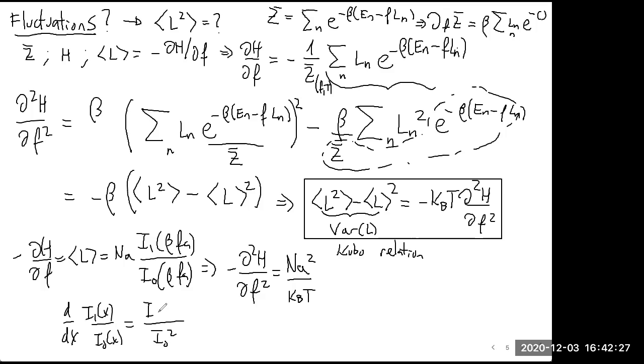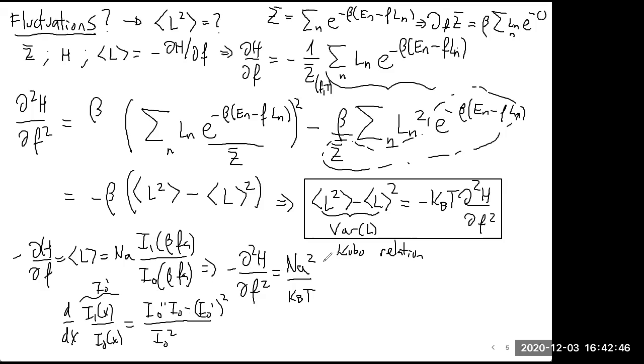So this would be I0. This, remember, is I0 prime. So the derivative of this would be I0 prime prime times this without derivative, minus the derivative of this times this. So it would be I0 prime squared. This is what we get.